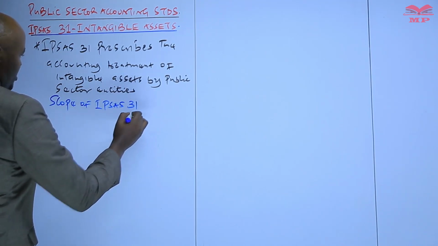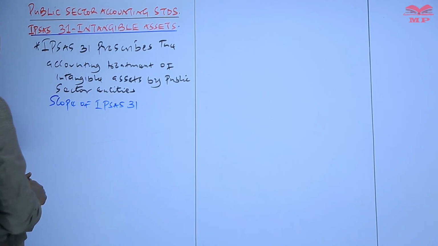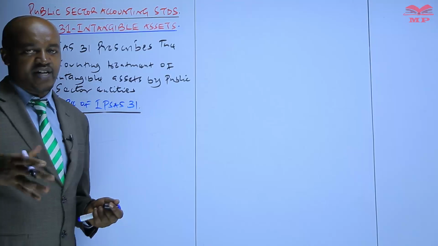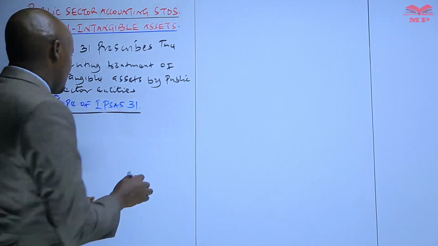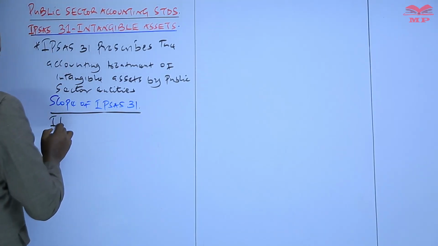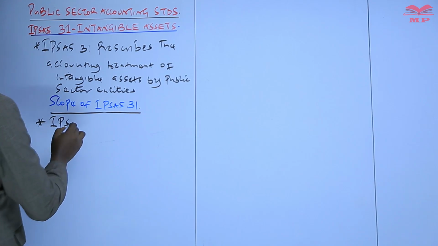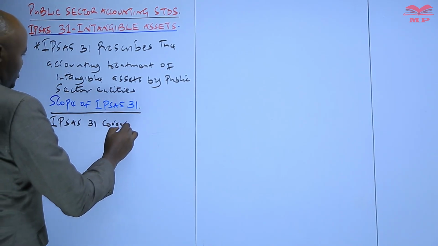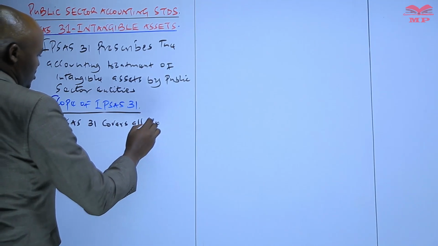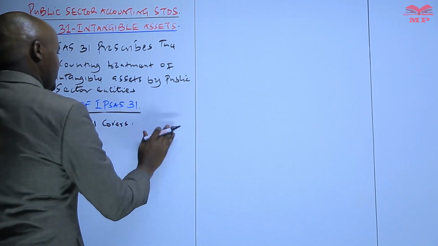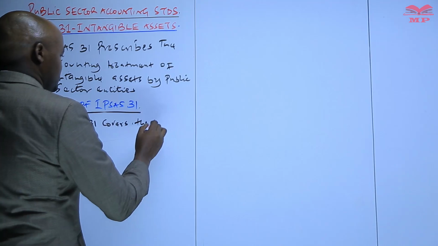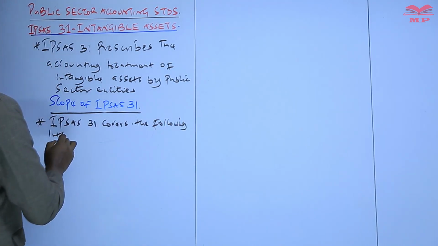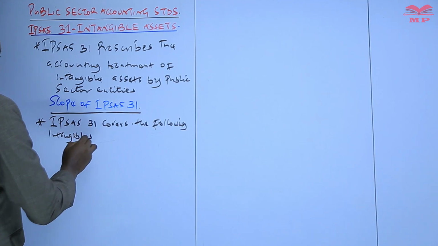When we talk about the scope of IPSAS 31, basically we are talking of those intangible assets which are covered by this standard. We can say that IPSAS 31 covers the following intangible assets.